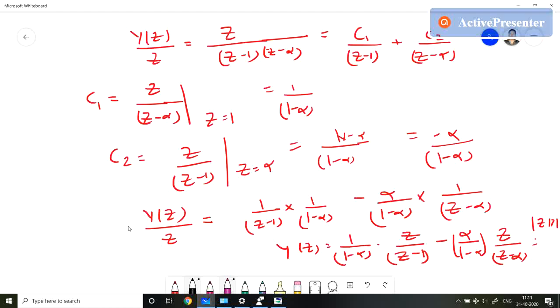Now c1 is equal to z divided by z minus alpha at z equal to 1, that is 1 divided by 1 minus alpha, and c2 is minus alpha divided by 1 minus alpha. So putting these values, we get Y(z) in this form.